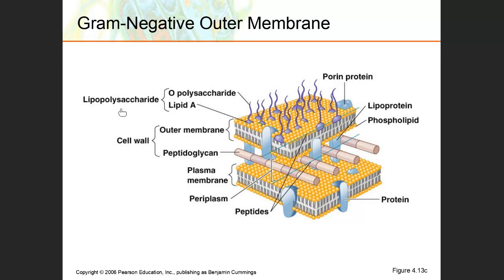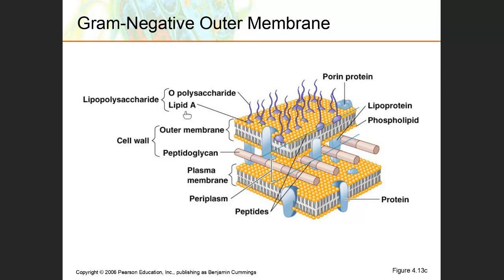So you see the lipopolysaccharide here. In particular, the lipid A is actually a toxic substance. It's only toxic when the gram-negative bacteria die and break apart and release the lipid A, but fortunately it's not very toxic.